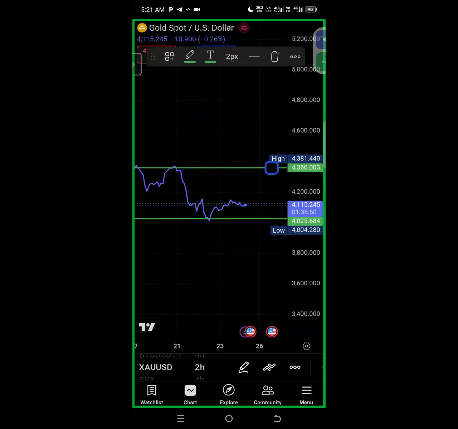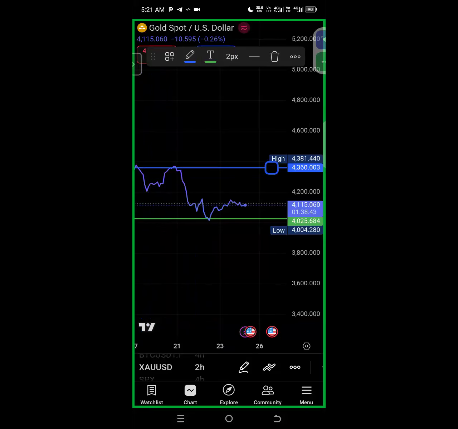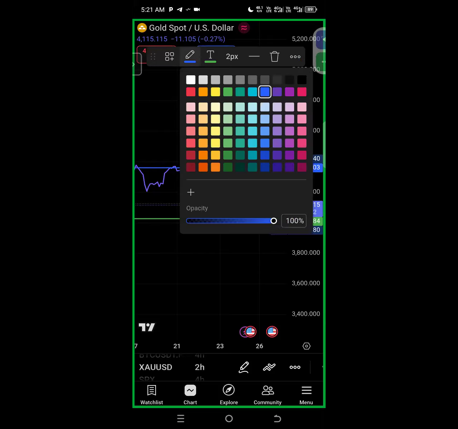All right. So you can choose to change the colors to suit what you are doing. So the blue color is your resistance, and then the green is your support. Okay. So let me take another one, just 2 or 3 of them.